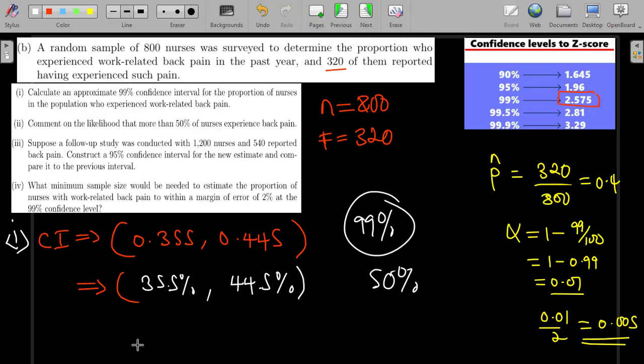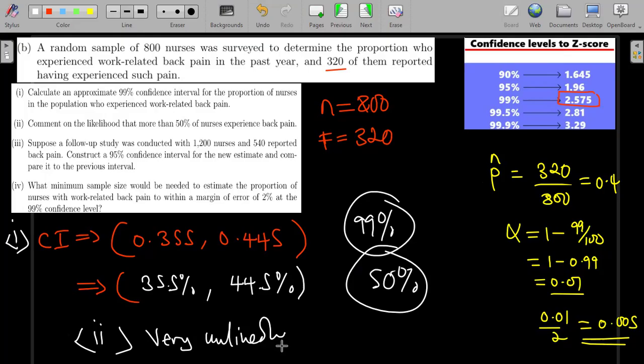So we're going to say that the entire 99% confidence interval lies below the 50%. So the conclusion there is that it's very unlikely that more than 50% of nurses experience work-related back pain.